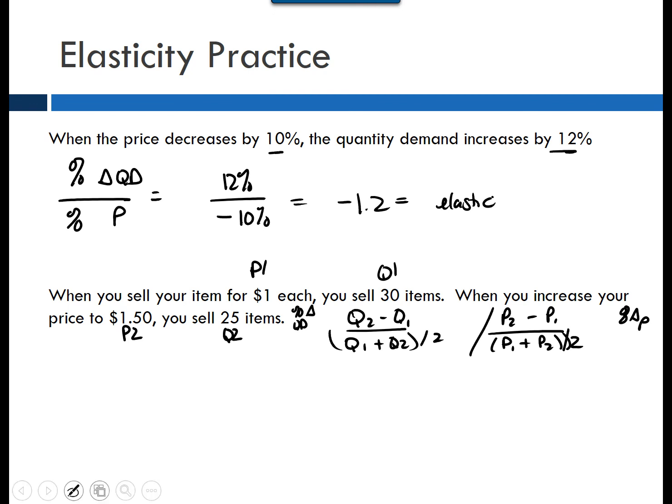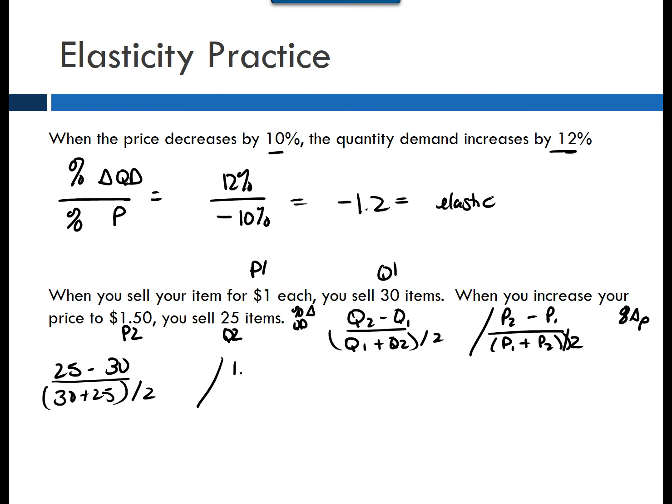So in this case, it's 25 minus 30. The quantity went from 30 to 25, over the midpoint, 30 plus 25 divided by 2. That gives me the percentage change in the quantity demanded, and I'll put that over the percentage change in the price.